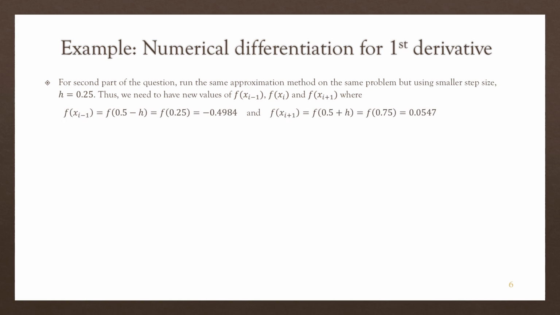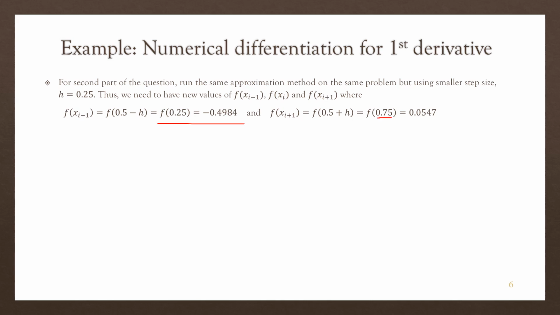So using the step size, we can determine the value of xi minus 1. This time xi minus 1 is 0.25. So we can calculate the function at 0.25 and we have here 0.4984. And then we calculate the new value of xi plus 1, simply 0.5 plus the step size. So we have 0.75.